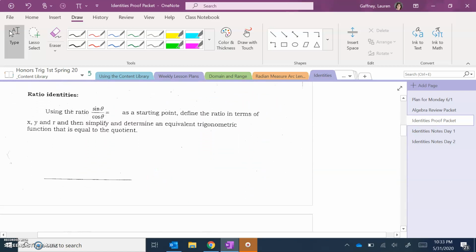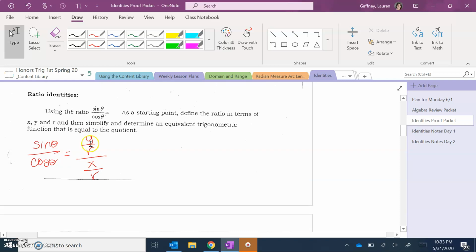So the ratio identity. It says, using the ratio sine theta divided by cosine theta as a starting point, we're going to define the ratio in terms of x, y, and r, and then simplify to determine another equivalent trig function, or trig identity, excuse me. So we have sine theta divided by cosine theta. Well, we know that sine is y over r, and cosine is x over r.